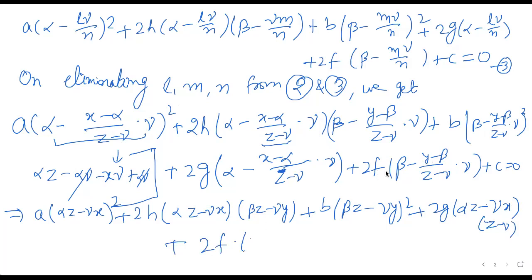into here you will be getting same beta z minus gamma y into z minus gamma, and plus c times z minus gamma whole square, क्योंकि c कोई टर्म ही नहीं था, is equal to 0.